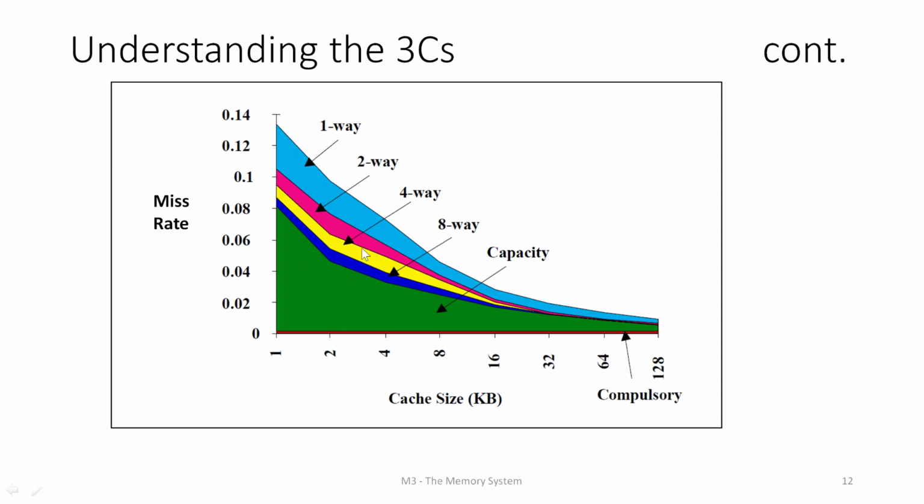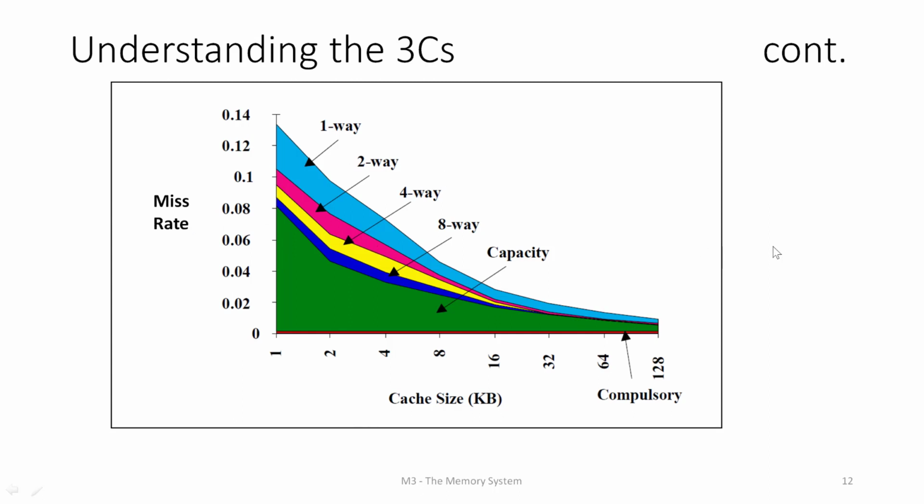It's the conflict misses. Now, if we increase the cache size, the miss rate again drops. Here, as the name says, the capacity misses are dropping, which is the green color here. And no matter what the associativity and the capacity are, there are a few misses which always remain. Here, the red bar would be our compulsory misses. Together, all three contribute to the total number of misses.